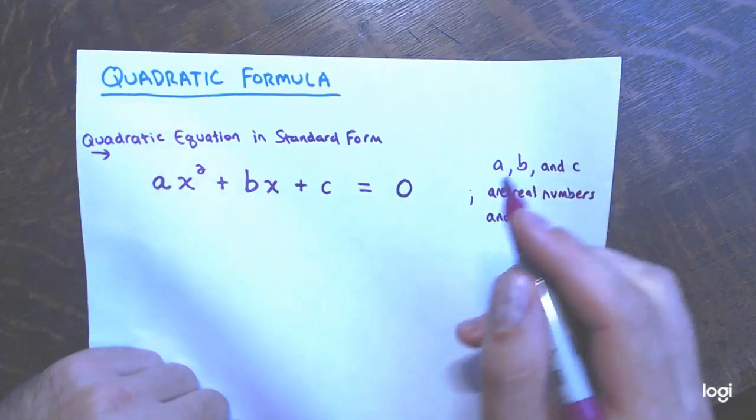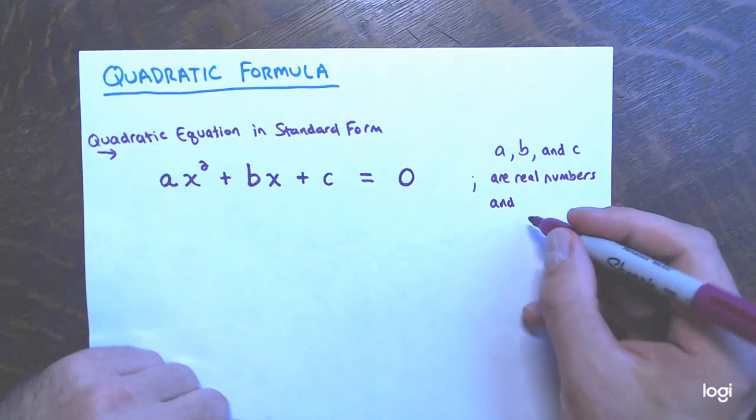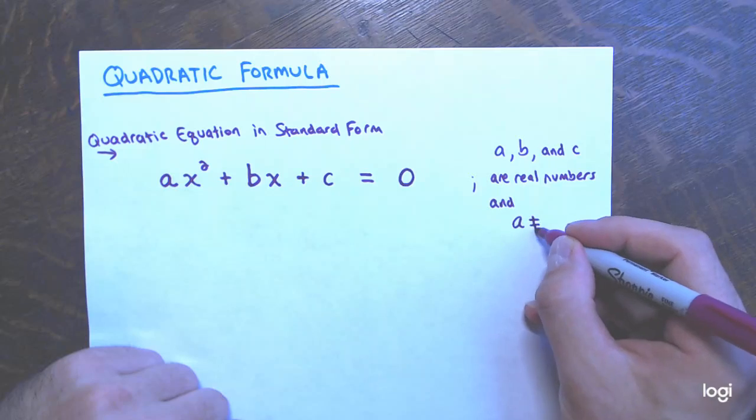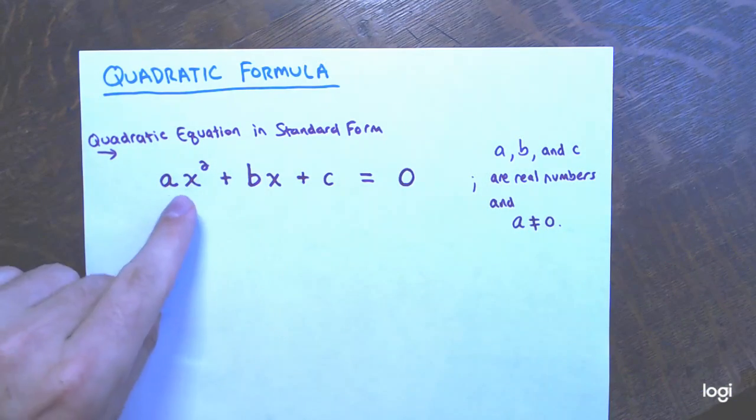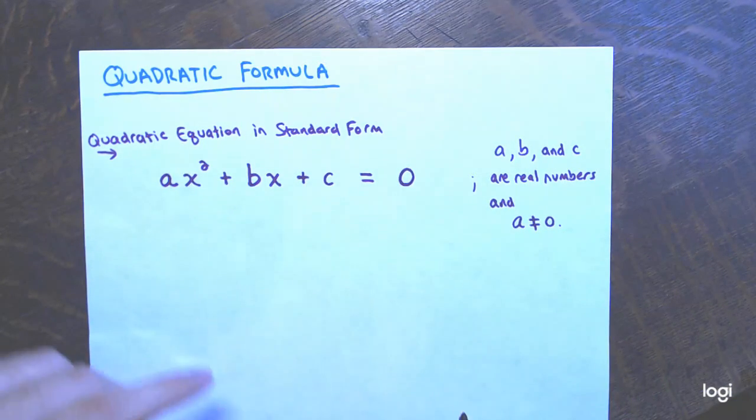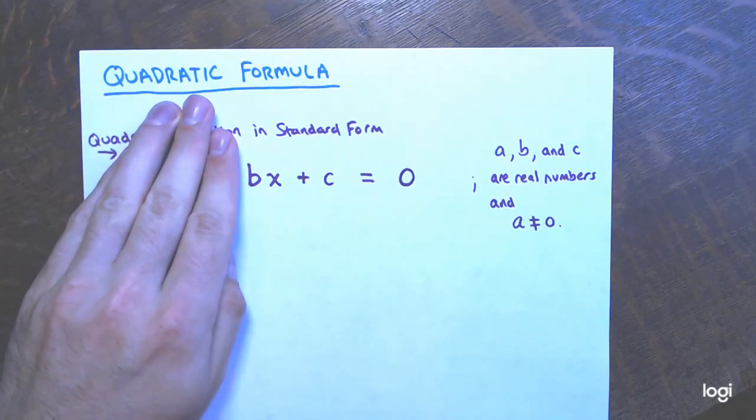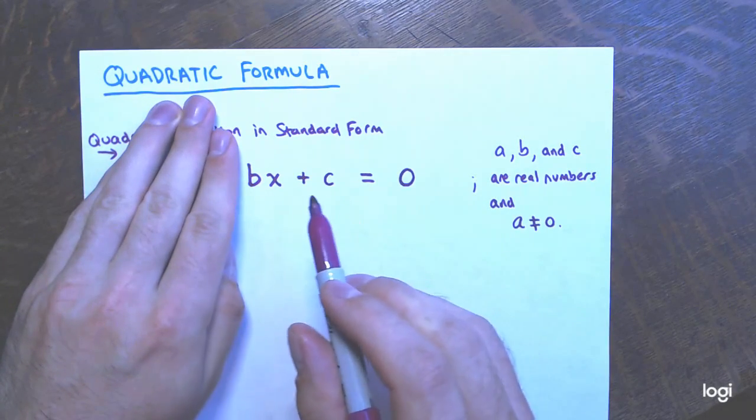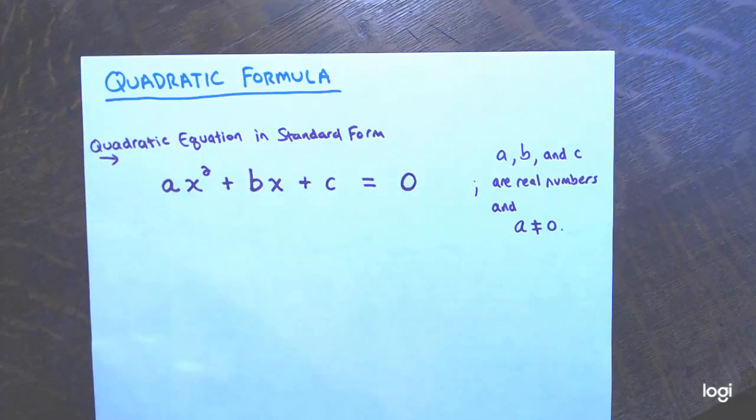And of course the little a can't be 0, because if it were 0, then it wouldn't be a quadratic equation anymore. If a were 0, this term would be gone, and then it would be a linear equation, with x to the first power as the highest.